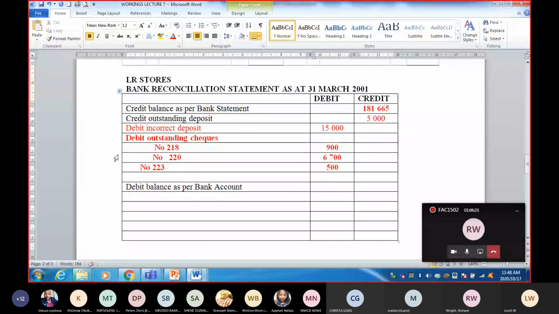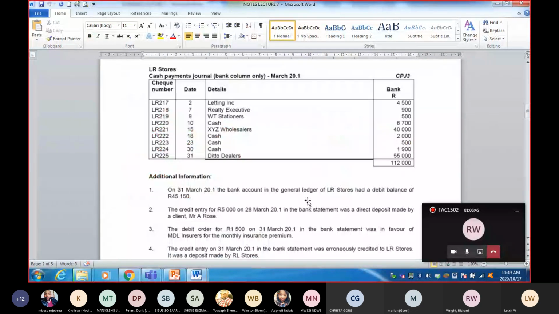The next outstanding check is check number 225, for the amount of 55,000 rand. Okay, so that will take care of our outstanding checks, the items that appear in our cash payments journal that are not yet in our bank reconciliation statement.